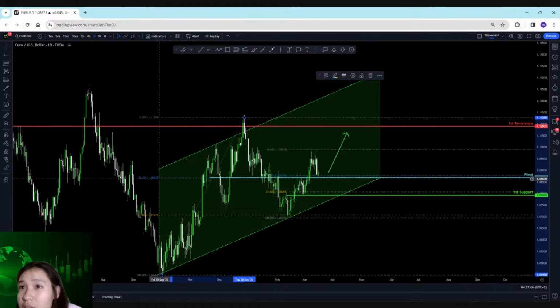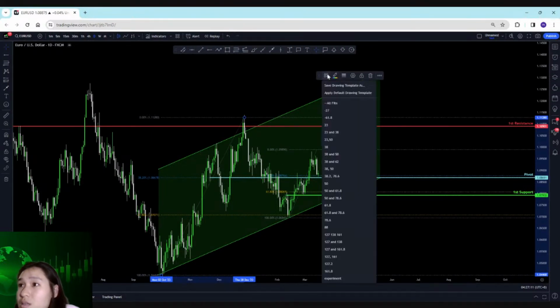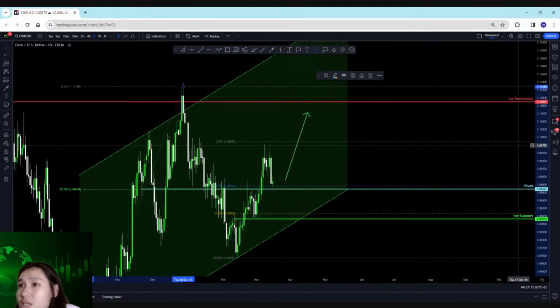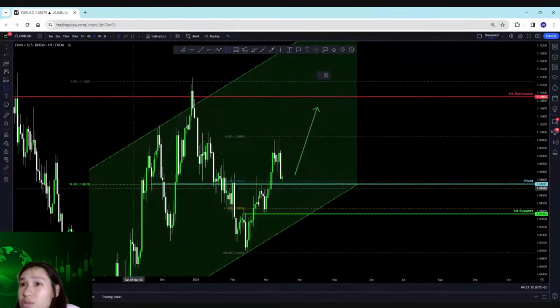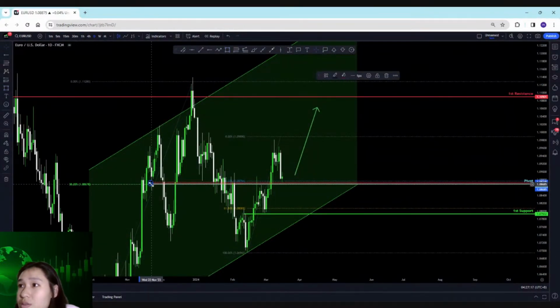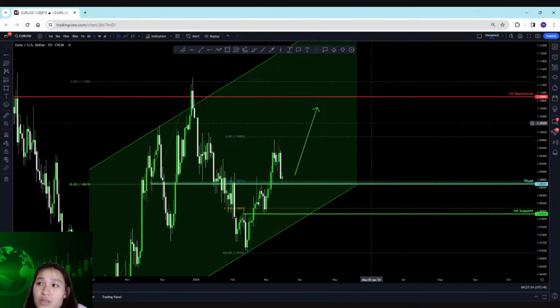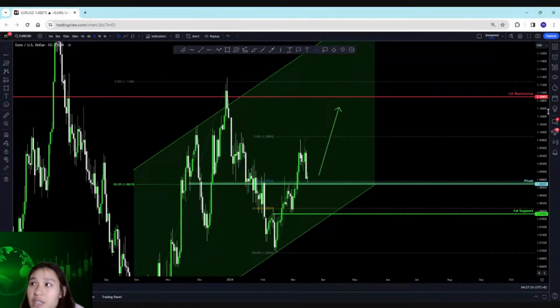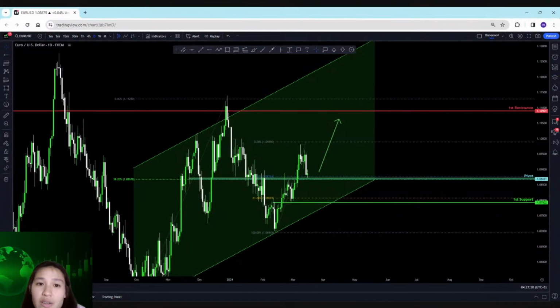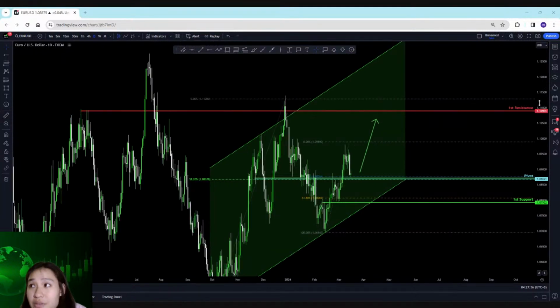So you can see that over here we have a confluence area at our pivot. Okay, so we're expecting price to reverse off of this confluence area here and hit back towards our first resistance. Okay, that's for our daily time frame.